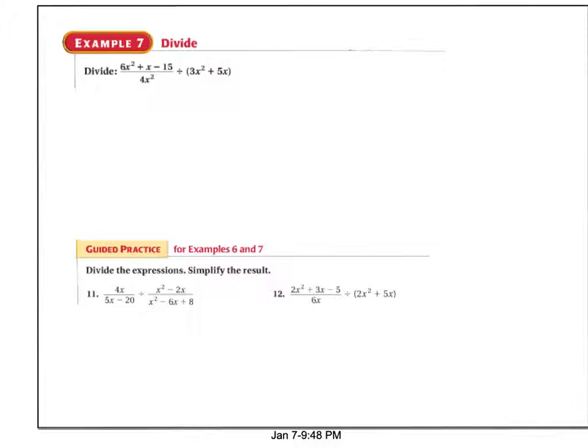Example 7 is a situation that you may see. The second fraction you need to realize is really over the number 1. I will multiply it by the reciprocal.